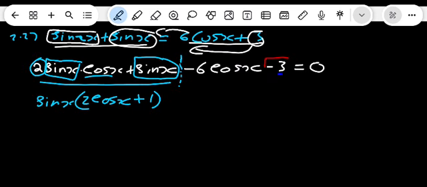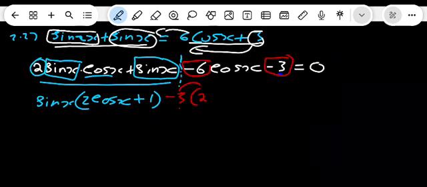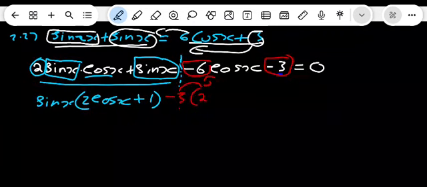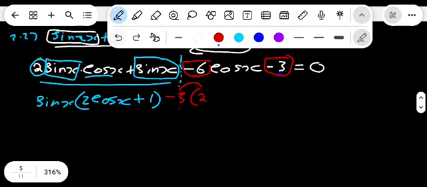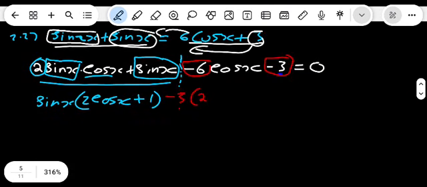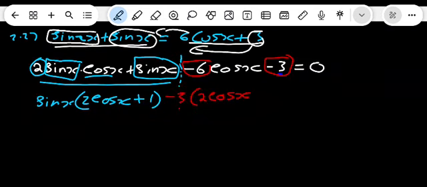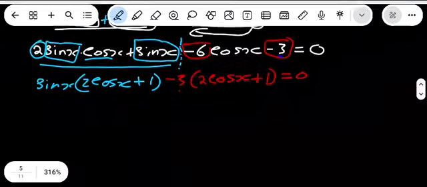You can take out -3 here. If you take out -3, this will be positive 2, because -3 multiplied by 2 returns -6. So it is positive 2 cos x plus 1, and this must be equal to 0.